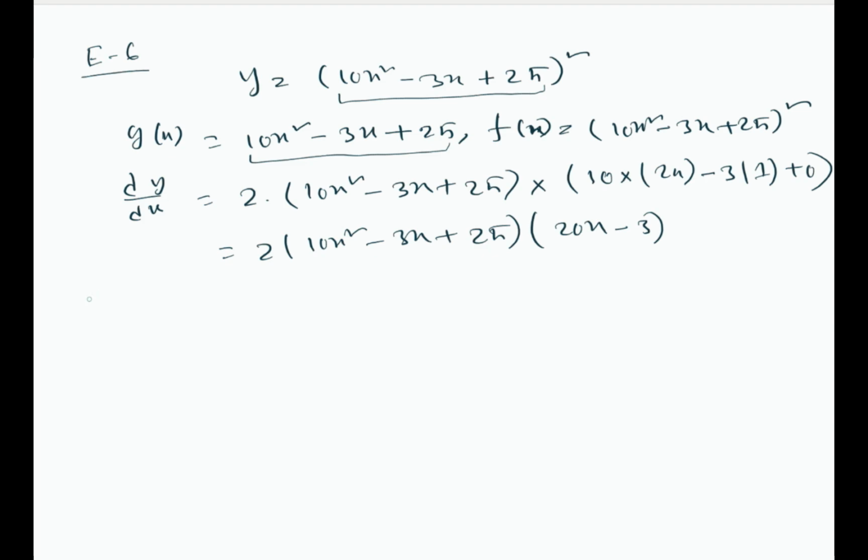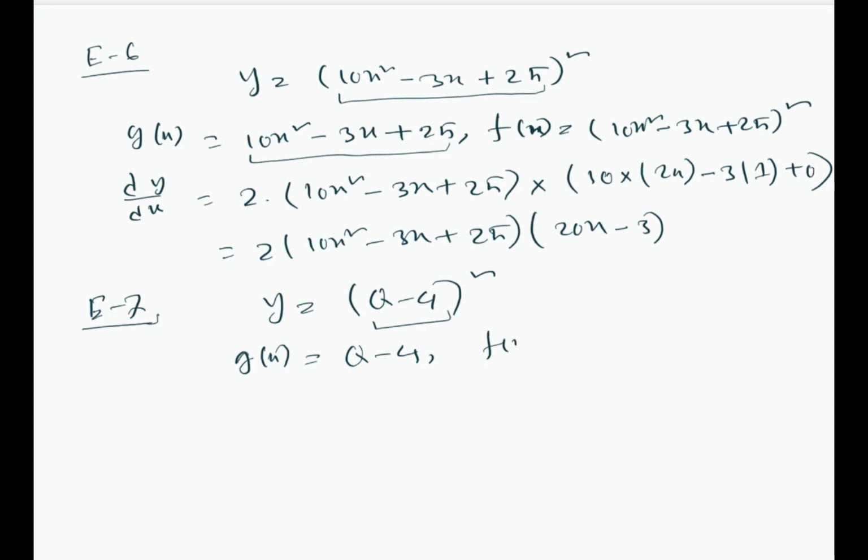Okay, then example 7. For example 7, our function y is equal to q minus 4, all squared. So our inner base is our inner function, so g of x is equal to q minus 4, and f of x is equal to the original function, (q minus 4) all to the power 2.